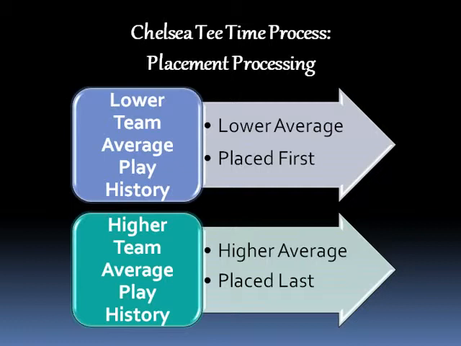The more it misses your tee time, the more points are taken off. So the lower the average is, the higher your ranking is going to be when it assigns you a tee time. So lower averages are placed first. Higher team averages means that the system did a pretty good job over that 1 week moving window to give you tee times. And those higher averages will be placed last.